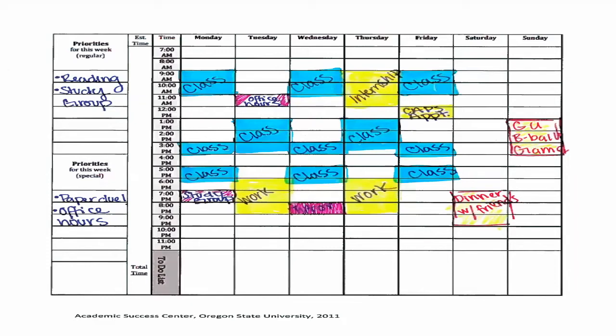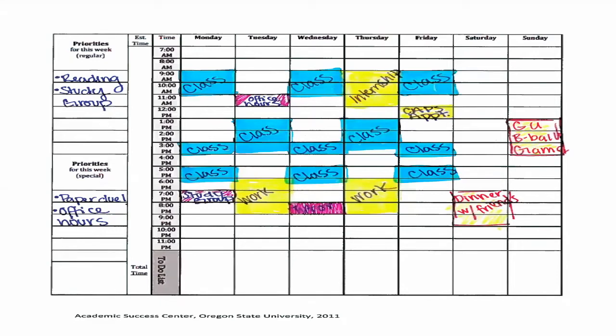The point of it is to have this updated on a weekly basis so that you can pinpoint the times that you're already committed, the times that you have dedicated to class, to internship, to your part-time job, to meeting with professors during office hours, but also including that personal time as well. So you can see that we've planned out a dinner with friends on Saturday night, as well as going to the Georgetown basketball game on Sunday. So making sure that your calendar is up to date.